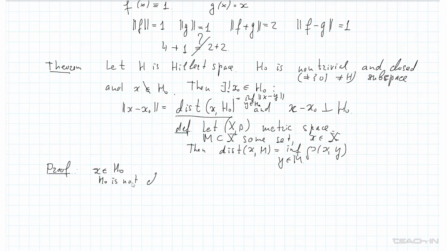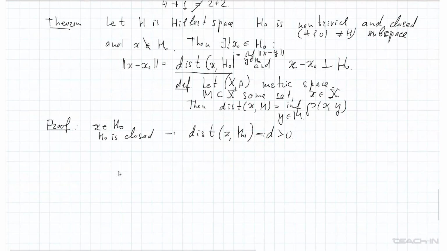Then we obtain that the distance between x and H0 is a positive number. If the distance were 0, then by definition x would be a limit point. So this number is positive.